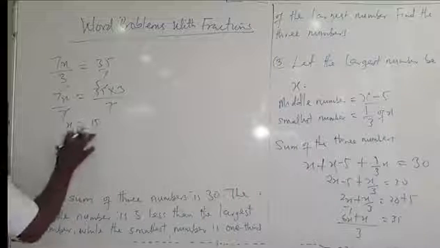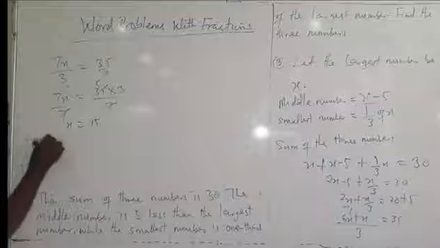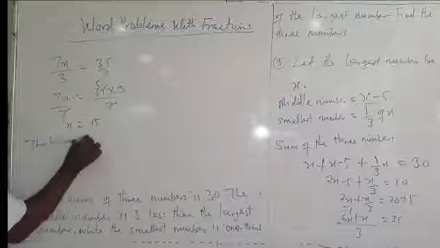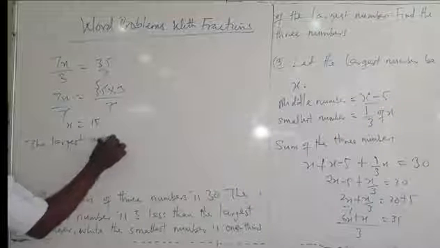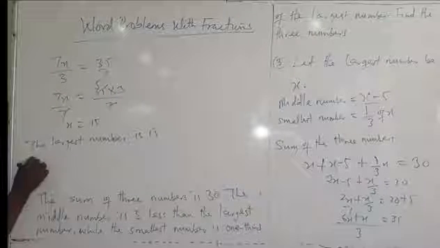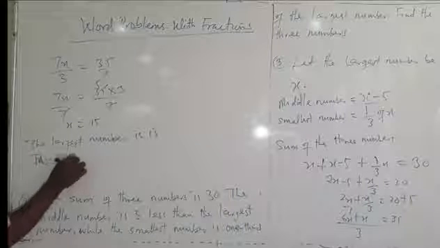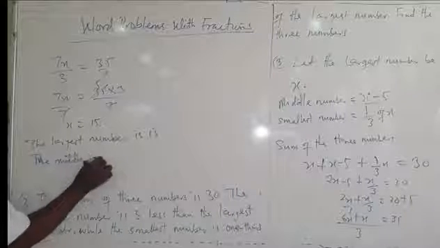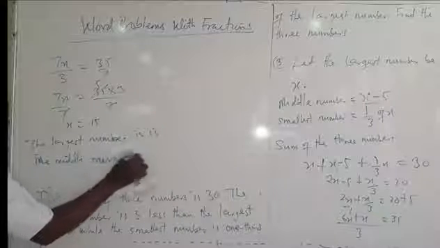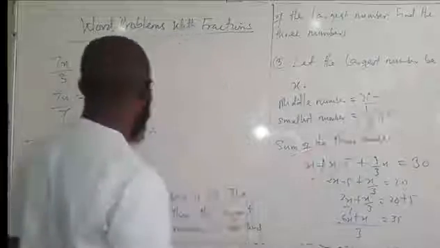So since the largest number is 15, what will the middle number be? Don't forget the middle number is x minus 5, the largest minus 5.